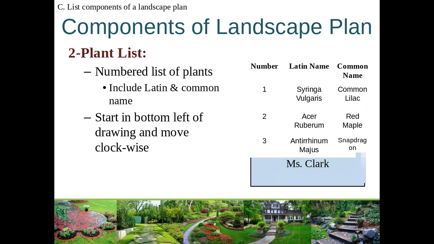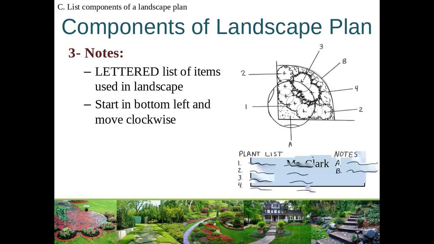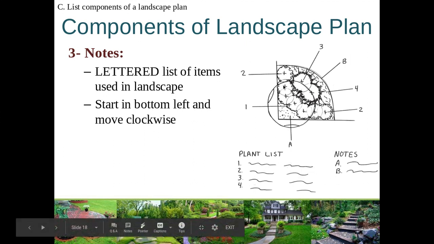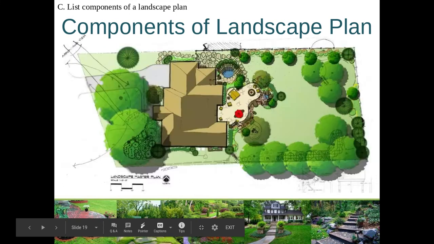Okay, I'm not going to have you go that far in this assignment. And then basically, you are going to have notes, anything that you need to clarify, right? So you'll have some notes, you'll have your plant list, and you'll have your actual image here, right?